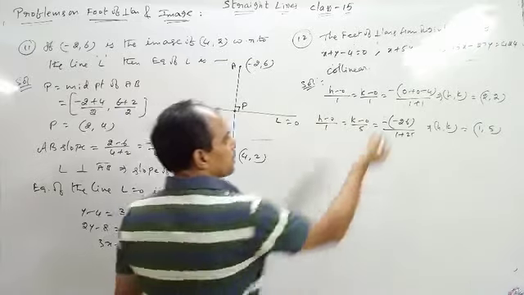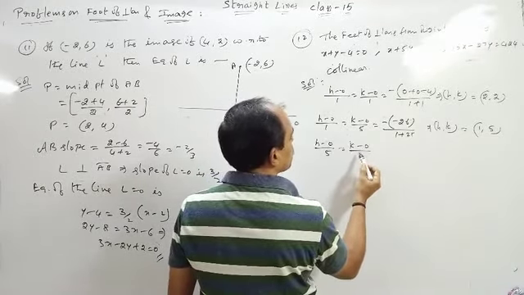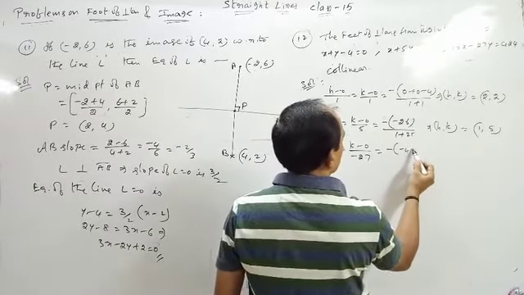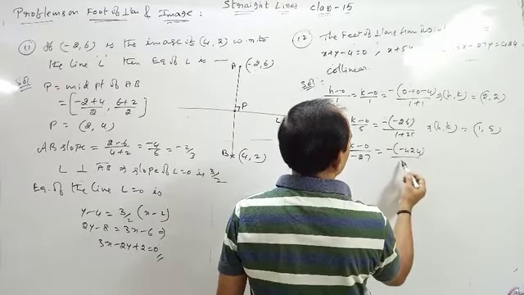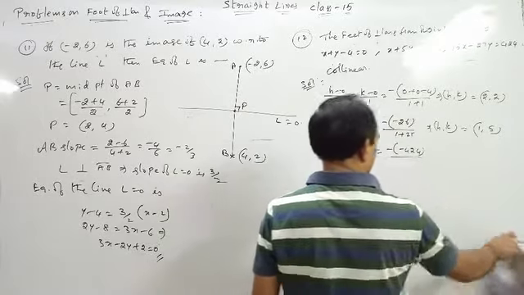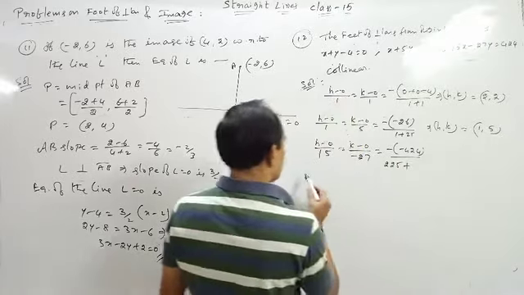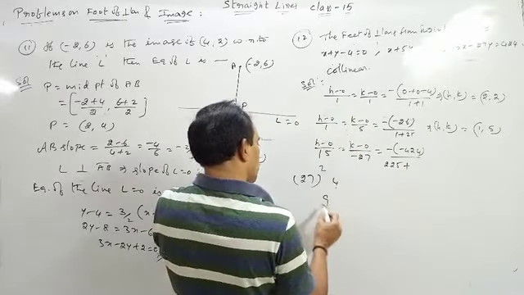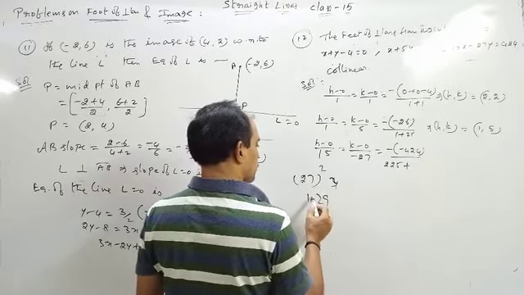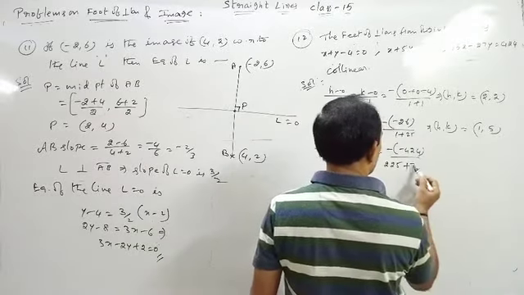In the same way, for the third, h minus 0 by 15 is equal to k minus 0 by minus 27 is equal to minus of minus 424 by 15 square 225 plus 27 square 729.